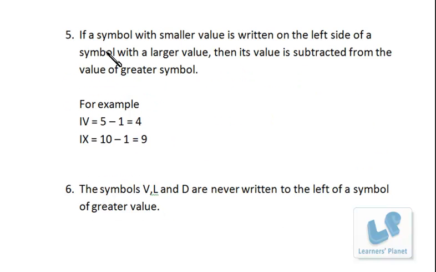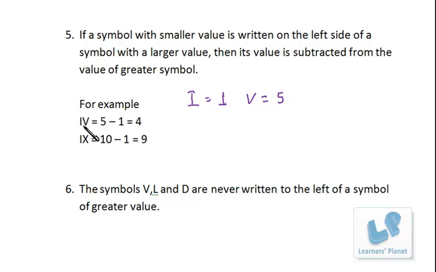Now the next rule. If a symbol with smaller value is written on the left side of a symbol with larger value, then its value is subtracted from the value of the greater symbol. We see over here, it's I and it's V. Now what is the value of I? That is 1 and the value of V is 5.